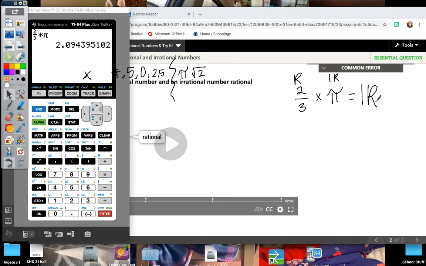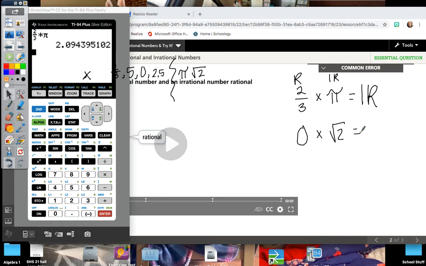Now for this one, I am going to try one more thing that I want to show you. I'm going to go back over to my list for rational, and I'm going to pick 0. For irrational, you can stick with pi, or you can go square root of 2. I'm going to go square root of 2, because I haven't used it, and see what we get for that.